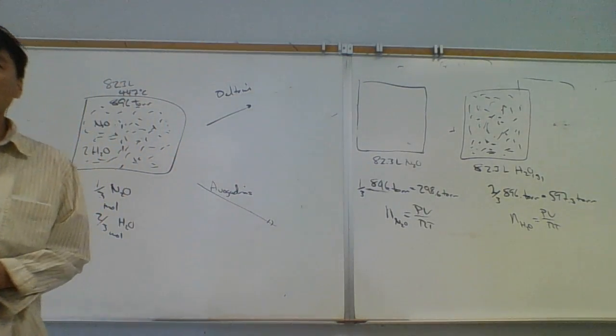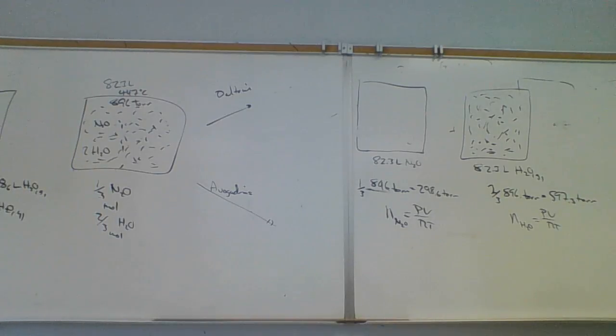I'm going to get the same number of moles, either calculation. So I have a choice. I could either visualize this mixture as a Dalton's, or I could visualize it as an Avogadro's, and then do the calculation. I can't do both though, because both don't work simultaneously. It's either Dalton's or Avogadro's.